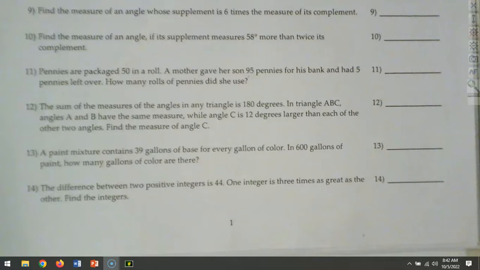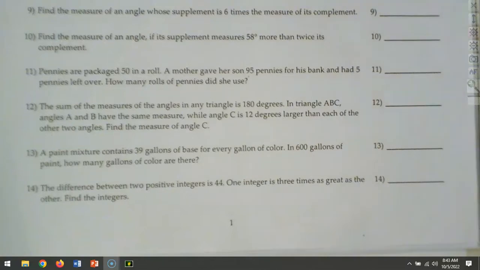In the triangle ABC, A and B again have the same measure, while angle C is 12 degrees larger than each of the other 2 angles. A little bit different wording. That's why I picked it. It's very similar to the one we did. A little bit different wording, but it's set up the same way. We want to find the measure of angle C.